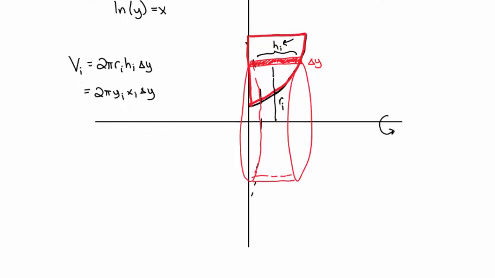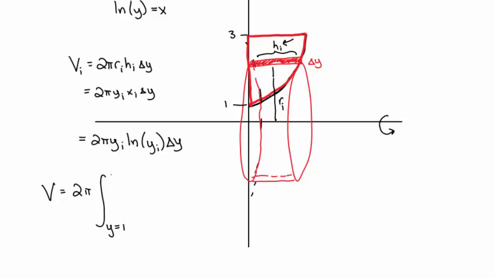So the volume of the ith slice is 2 pi y sub i, natural log of y sub i, delta y. Therefore, we are going to find the true volume by factoring out the 2 pi and integrating from a height of 1 to a height of 3 of y natural log of y, dy.